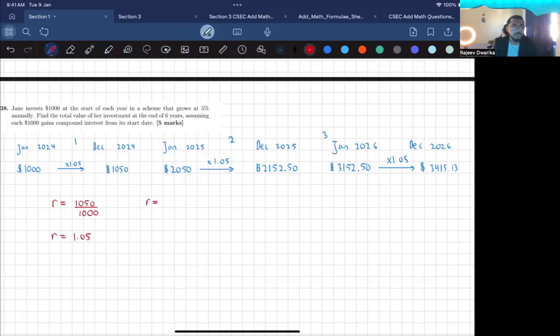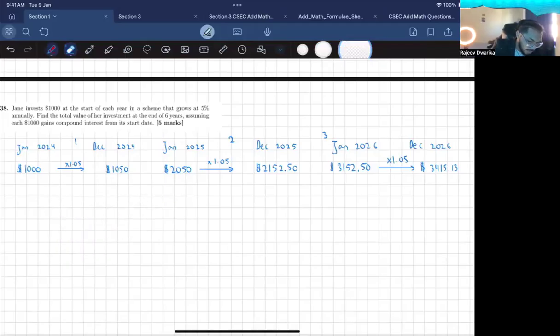Yes. It would be. So they're saying find the total investment at the end of 6 years, assuming each $1,000 gains compound interest from its start date. So every year she's paying in $1,000, and so could we find the compound interest on that? Yes.